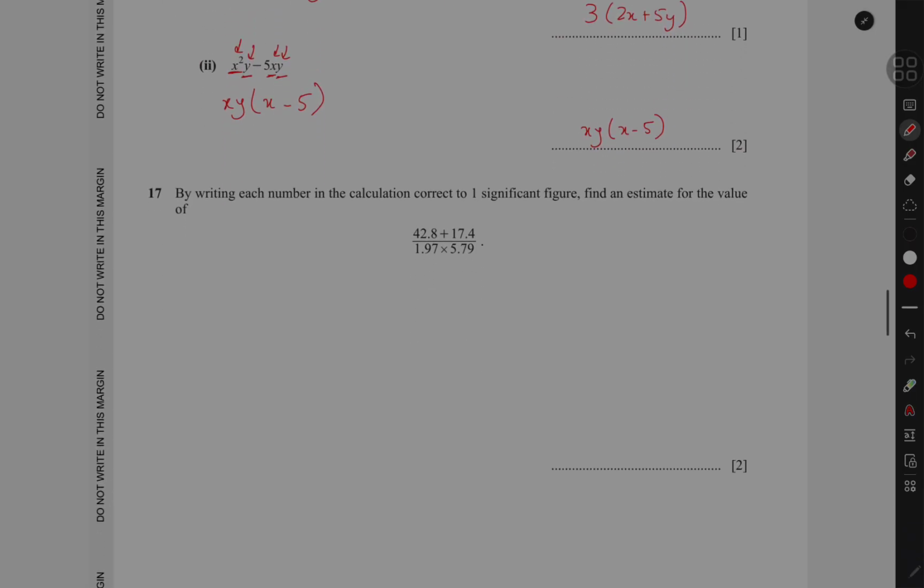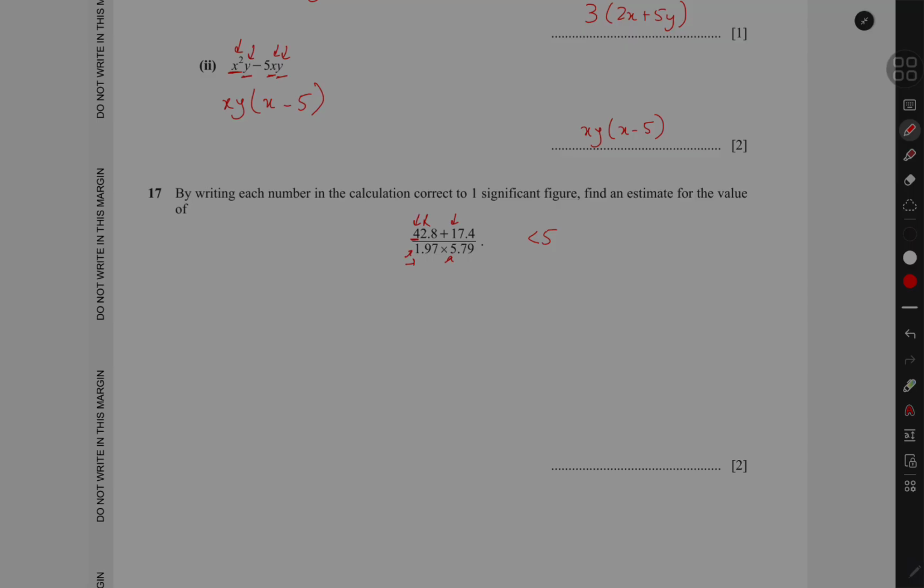By writing each number in the calculation correct to one significant figure, find an estimate for the value of 42.8 plus 17.4 divided by 1.97 multiplied by 5.79. So we just need one significant figure, the leftmost one. If I'm taking 4, the next one is 2, so it's less than 5.